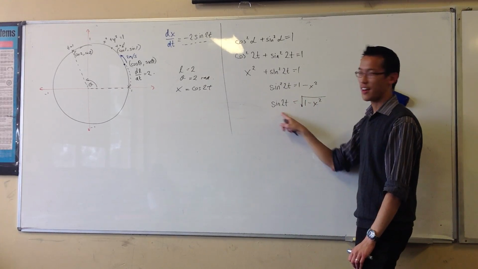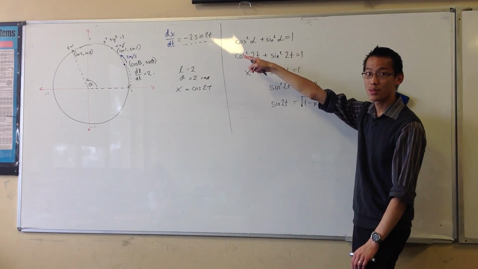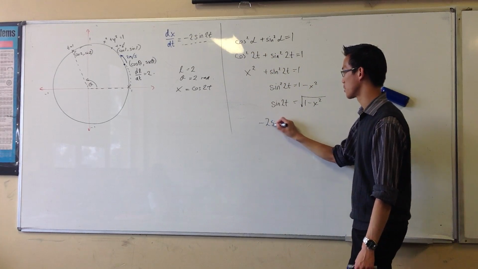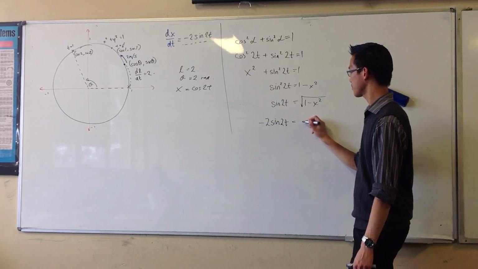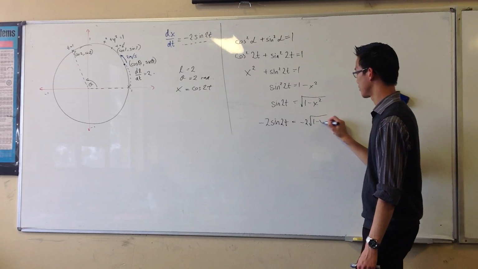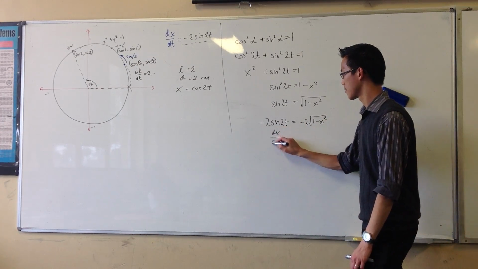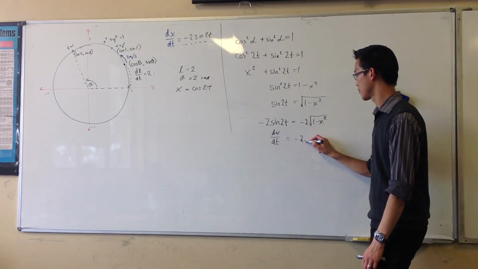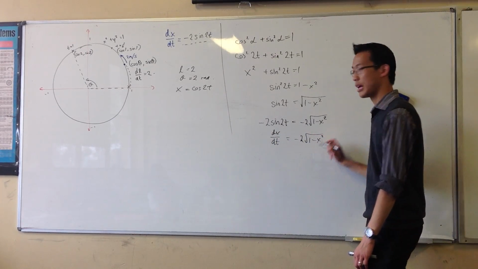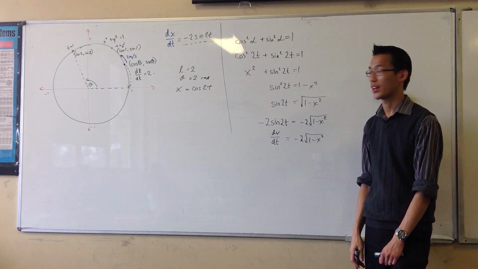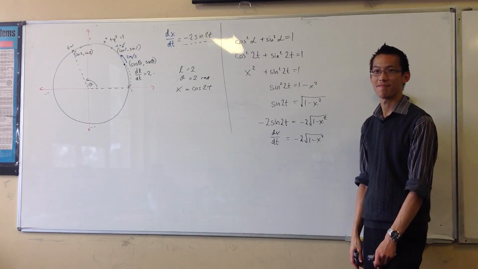I want minus 2 sine 2t, so I'll slap a minus 2 on both sides. And this is dx on dt. Ta-da! Done.